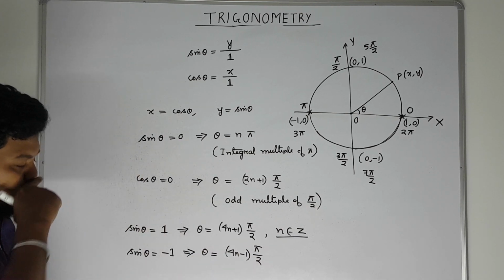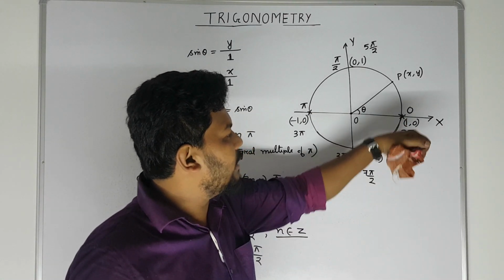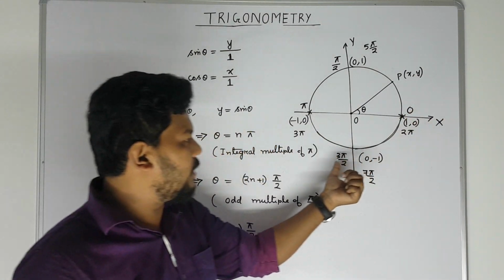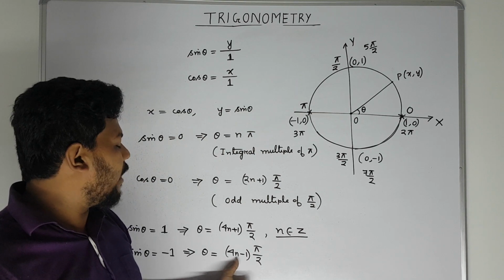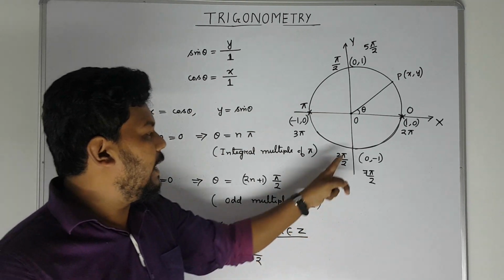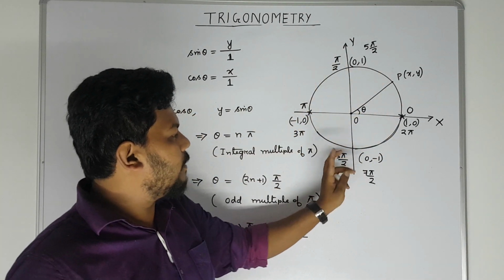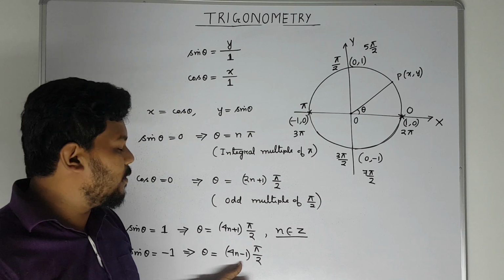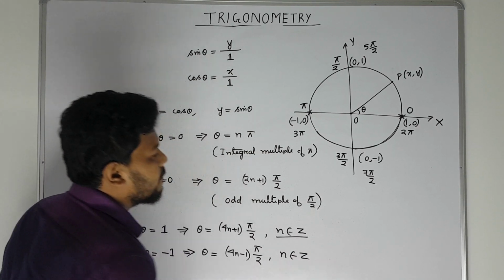For n equal to 0, it will be minus pi by 2. So the negative angle from the initial side, if I measure in clockwise direction, will be minus pi by 2. For n equal to 1, it will be 4 into 1 minus 1, 3 pi by 2. It revolves round and it attains the angle 3 pi by 2. For n equal to 2, it will be 7 pi by 2. Therefore n belongs to Z.